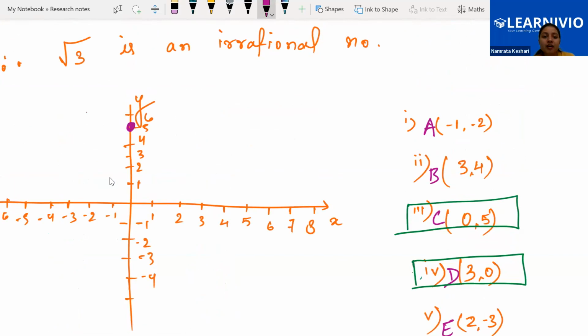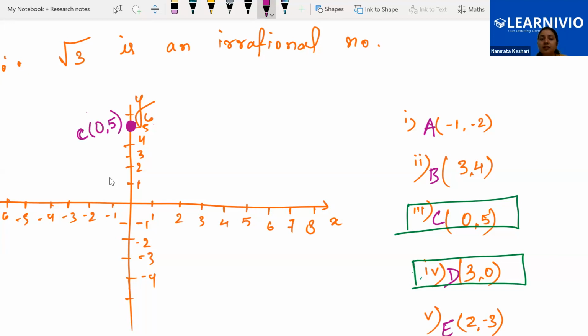The point will be here. Can you see the purple colored point? This is the point which represents X is 0, nothing, and Y is 5. Are you getting it? This is our point C. Can you see the dot?